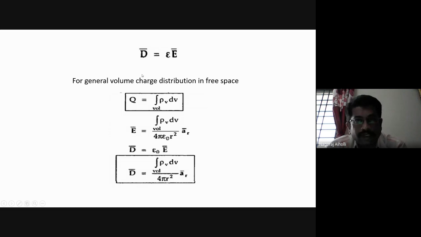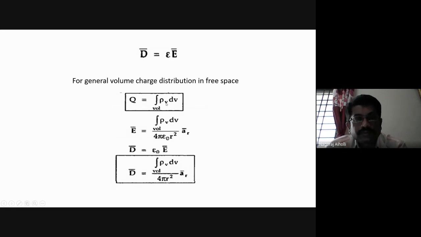Let us find the formula of the electric flux density for the volume charge distribution, using the relationship between D bar and E bar. We know the formula for the charge in terms of volume charge density. It is the integral over the volume of rho V dV. Because what is rho V?